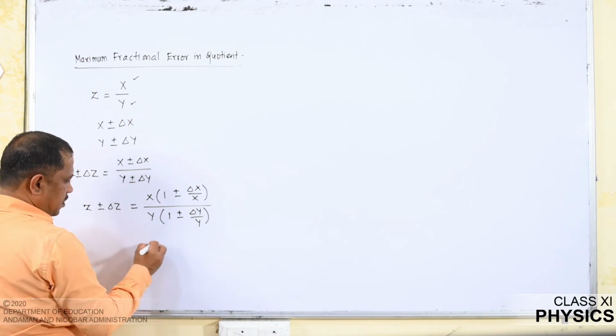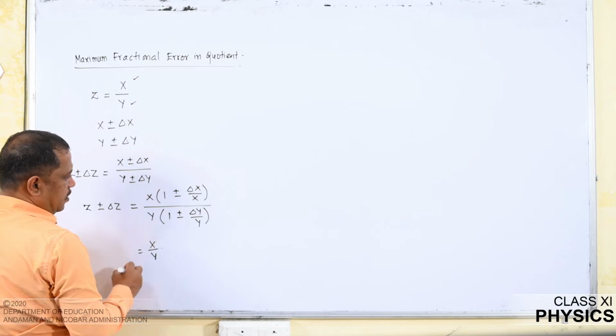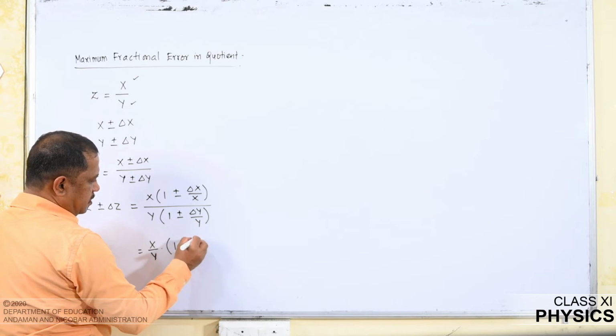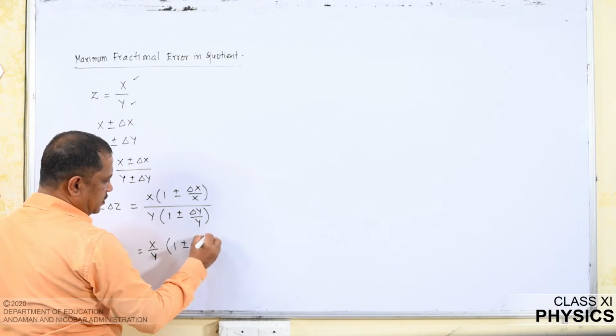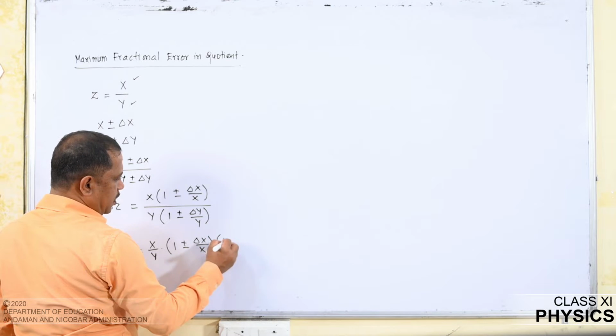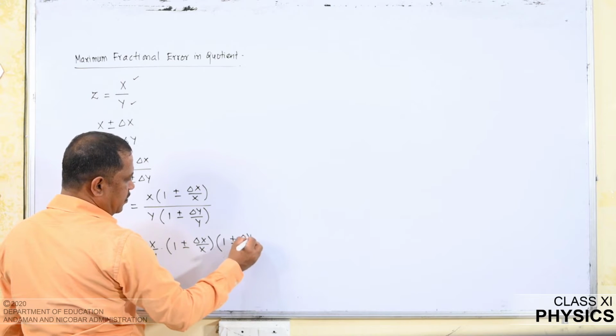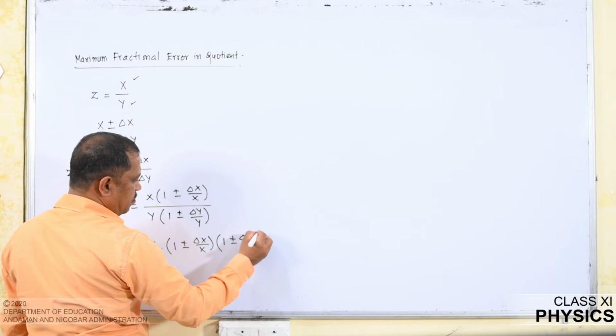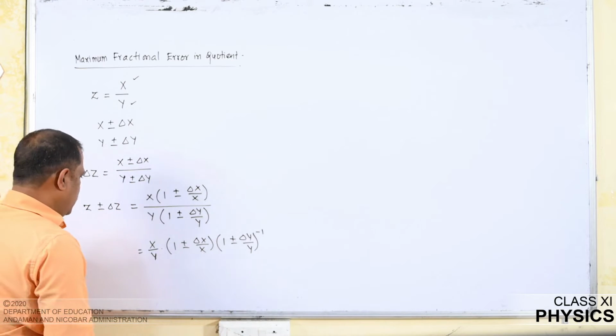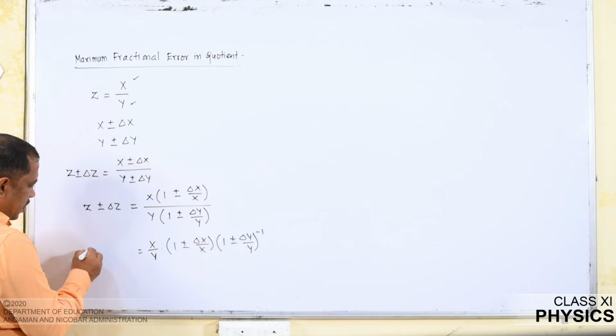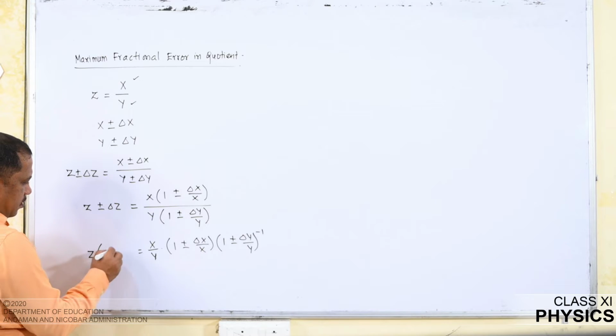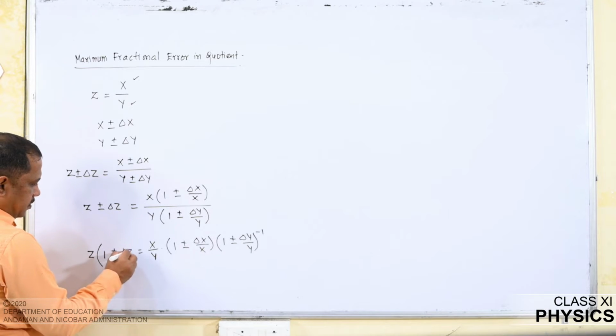Else I can write like this: 1 plus or minus delta x over x times 1 plus or minus delta y over y, power minus 1. And I take z common here. So, I am left with 1 plus or minus delta z.